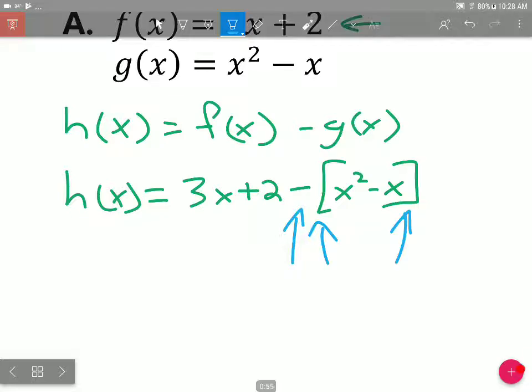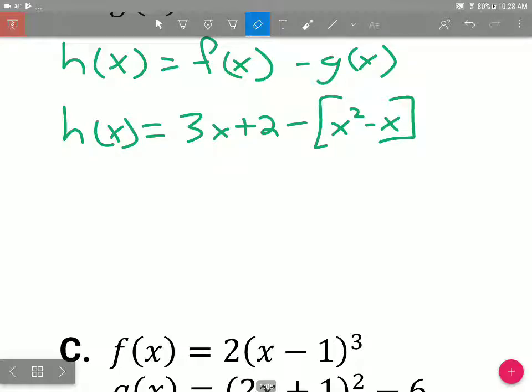So before we combine terms, what do we got to do before we can combine all of our terms? Let me ask you, what on this do I need to get rid of before I can combine like the 3x and the x?